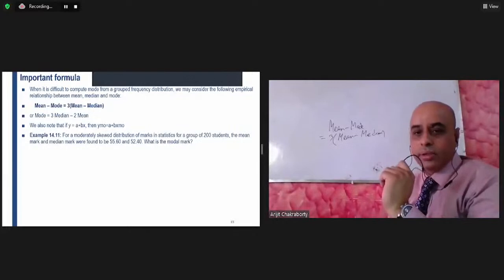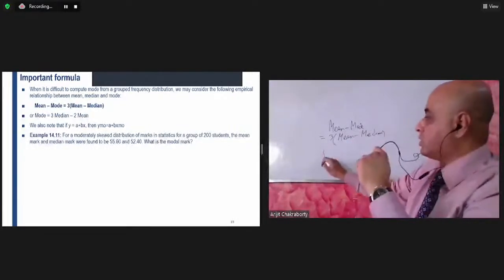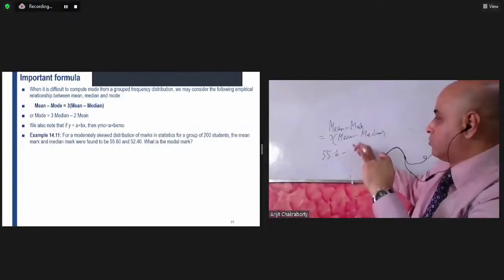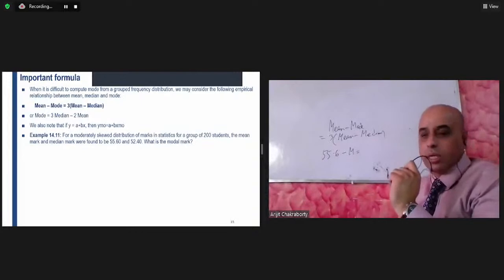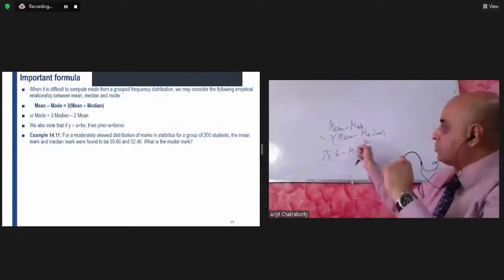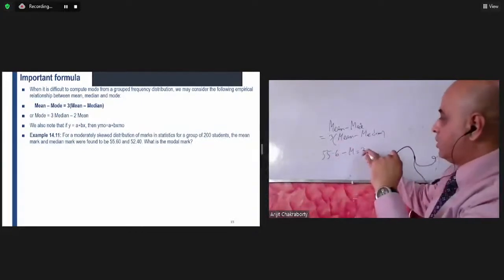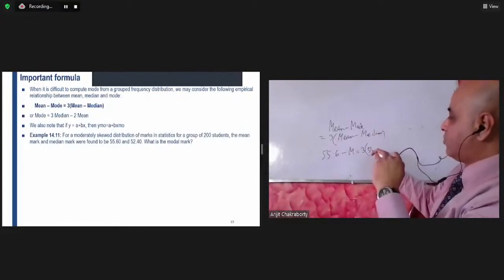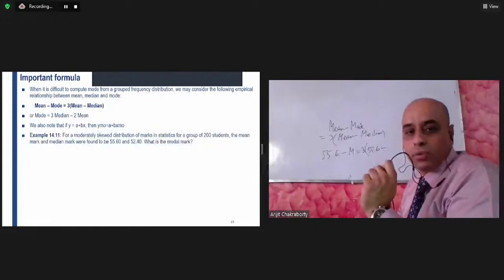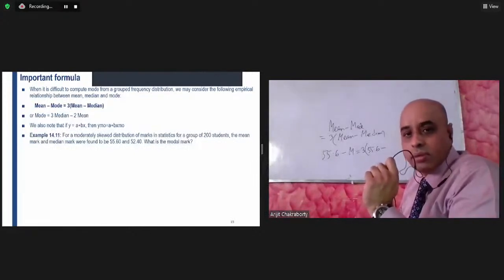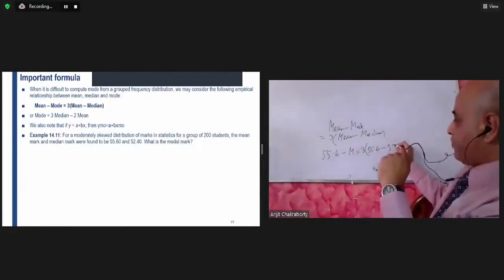Here it is given that the mean is 55.6. So I will write mean, 55.6, minus mode, which we have to find out, I am writing m for mode, equal to 3 into mean minus median. So 3 into 55.6 minus median. Median is 52.4, as given in the study material.